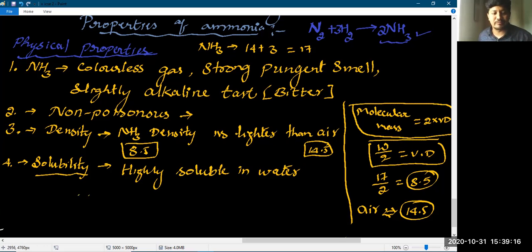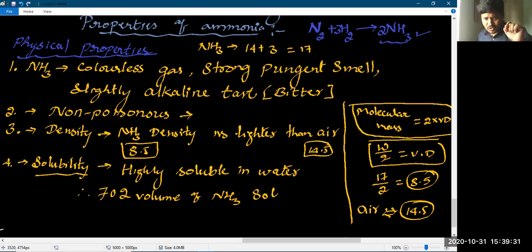You should remember very importantly that 702 volumes of ammonia can easily dissolve in 1 volume of water. That means, just imagine, 702 liters of ammonia gas can dissolve in 1 liter of water.